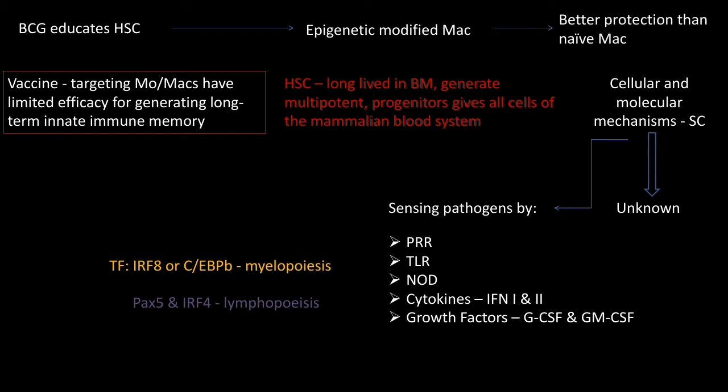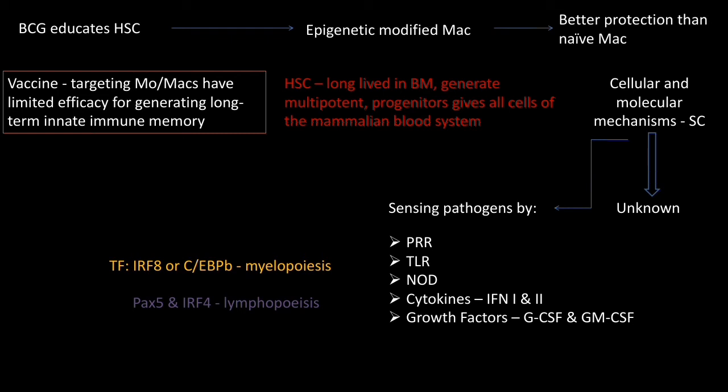The cellular and molecular mechanism of what happens inside the stem cell is still not fully known, but it senses the pathogen present by receptors like toll-like receptor, NOD-like receptor, cytokines, especially IFN-I and IFN-II, pattern recognition receptors, and growth factors, that is granulocyte and granulocyte-macrophage colony stimulating factor.